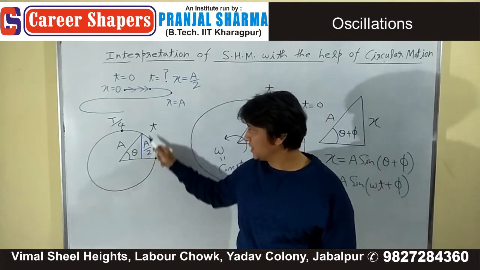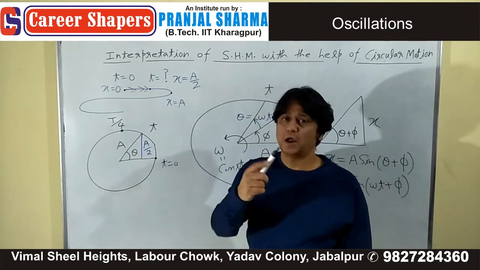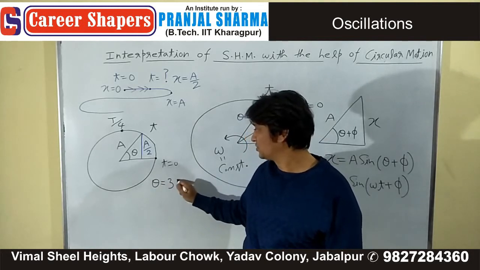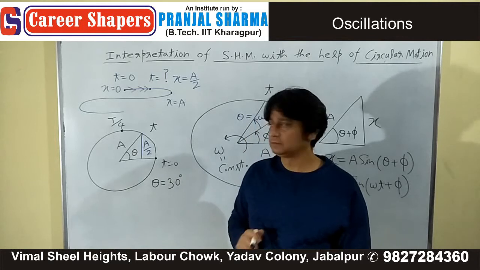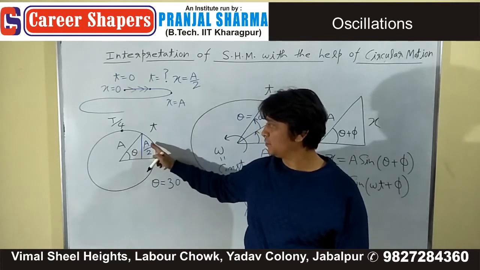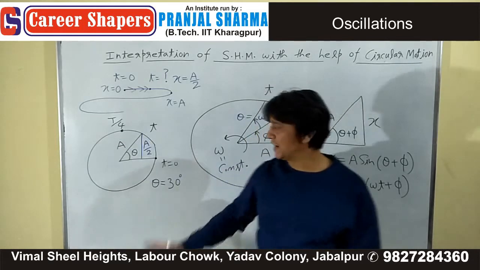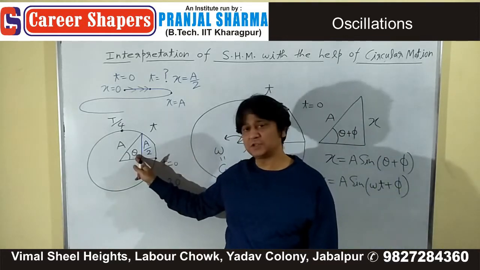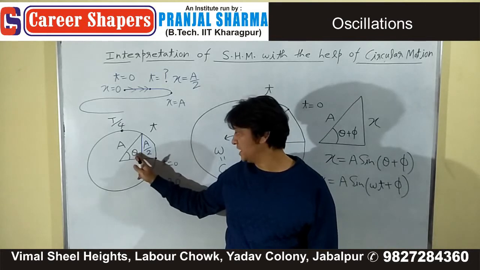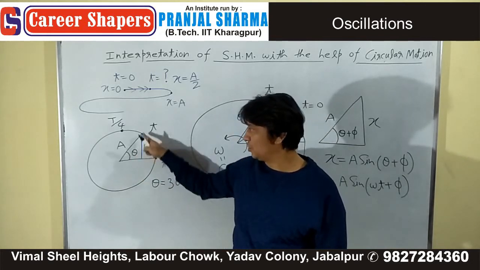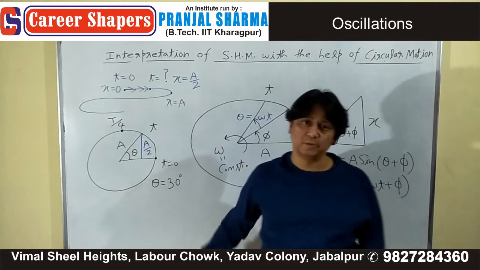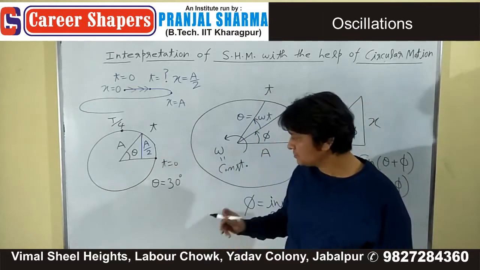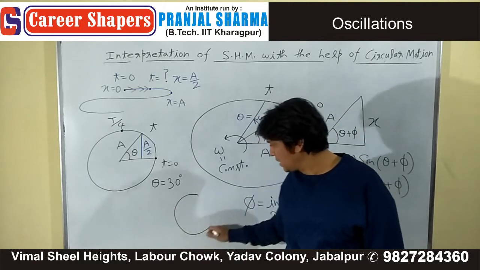If this is A and this is A by 2, I hope you can see that theta is 30 degrees. Or you can go for sine theta equals to A by 2 upon A, and you will get theta as 30 degrees. That means once this theta is 30, the length of the shadow will be A by 2. So, if this length is A by 2, then look at this part.